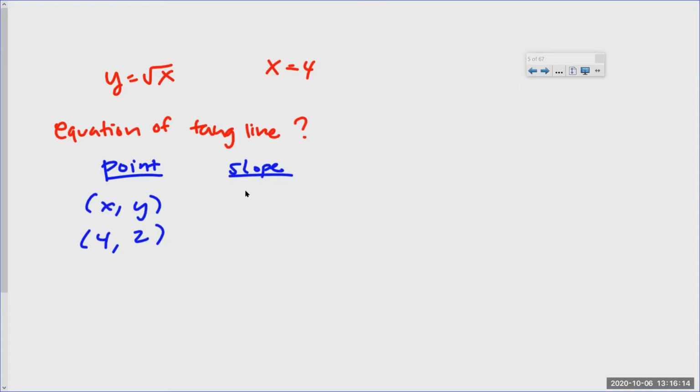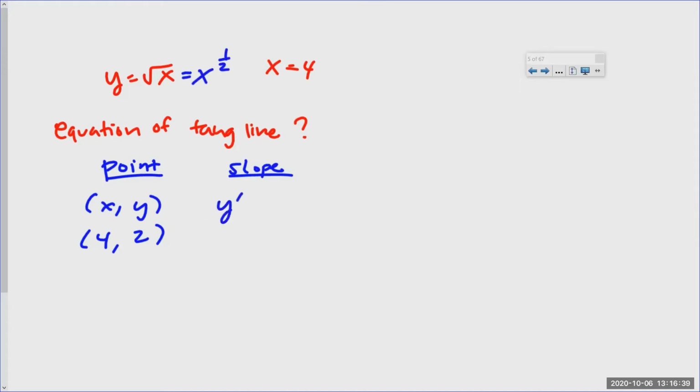of this tangent line. How do I get a slope of a tangent line? What did she say? Derivative. When I say derivative, you say slope of a tangent line. So guys, the slope is just the derivative. So if I know y is equal to the square root of x, isn't that really x to the 1/2?